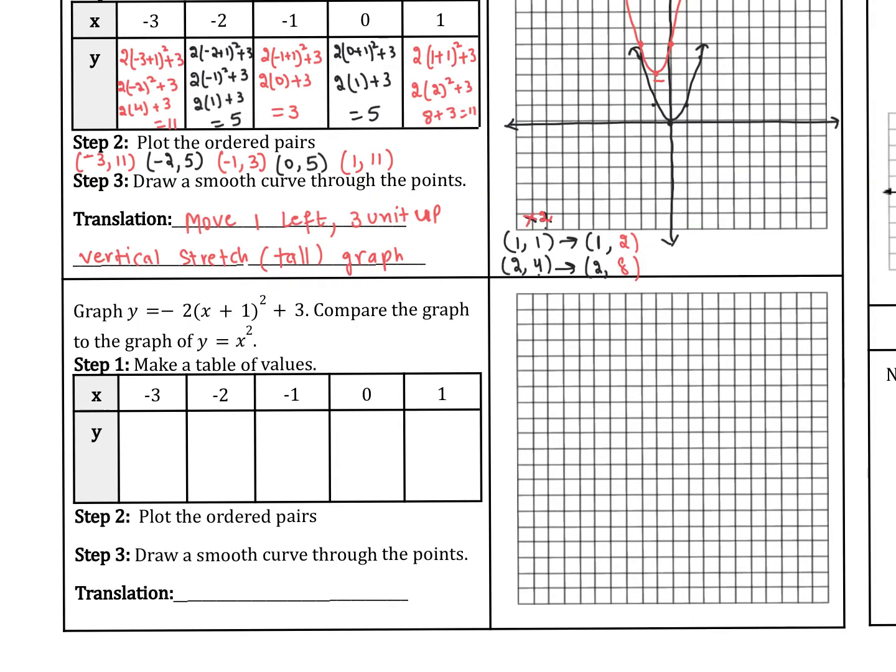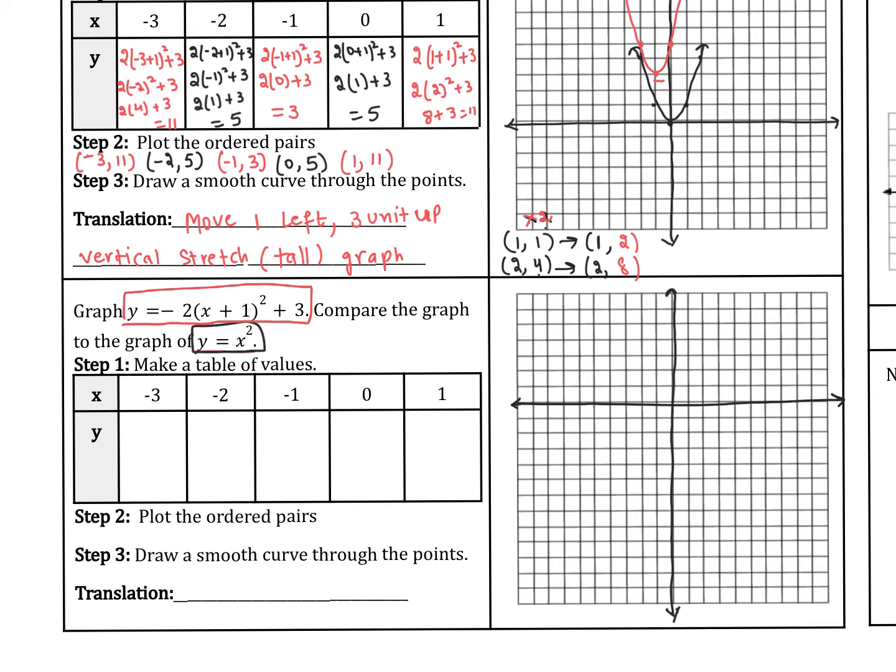The next problem that I'm going to do, I'm not going to make a table, but I'm going to rather use the translation. So first of all, I'm going to make our regular graph, that is your parent graph. And then from the parent graph, I'm going to make our given graph, that is y equals -2(x + 1)^2 + 3.